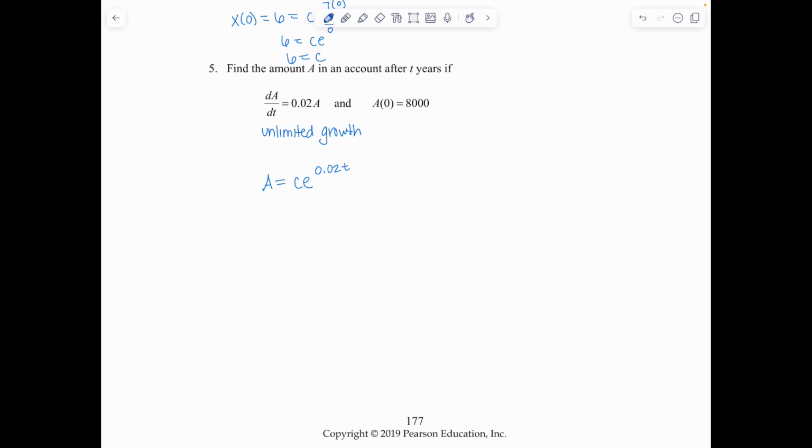And we can do the same: A(0) = 8,000, which equals c e^(0.02 times 0). This is going to lead us to the same result where it equals c. So our particular solution in this case is A = 8,000 e^(0.02t).